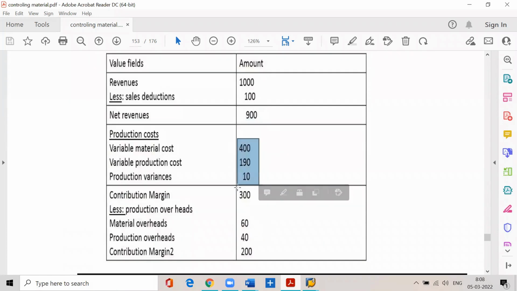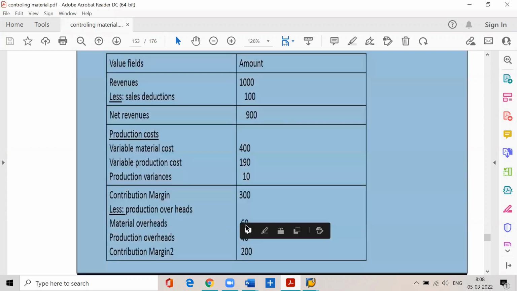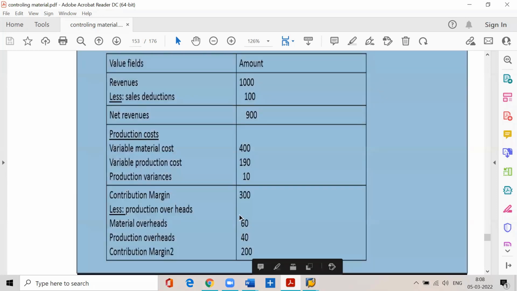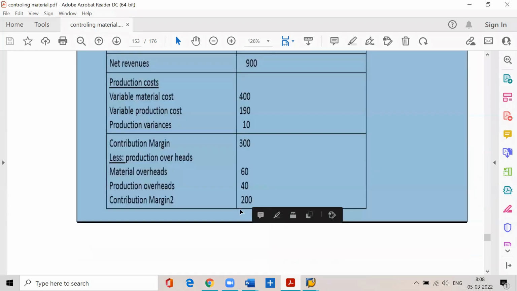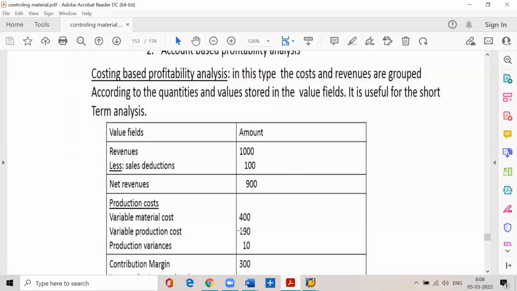So contribution margin 1 is 300 rupees. From the contribution margin, material overhead 60 rupees and production overheads 40 rupees. From 300, you reduce these material overheads and production overheads. Contribution margin 2 is 200 rupees. What you have to understand is, in profitability analysis, value fields are used.